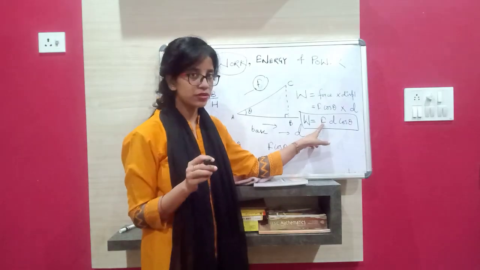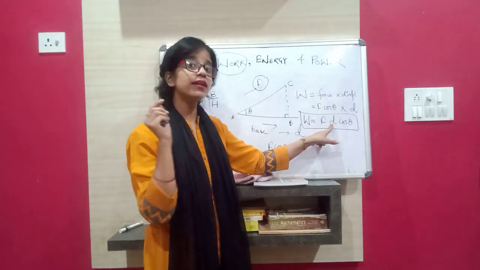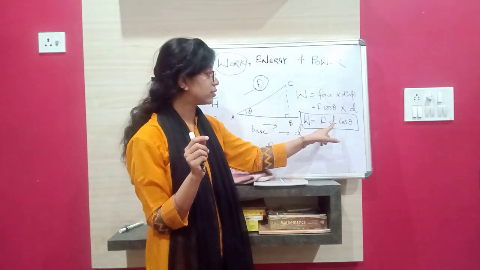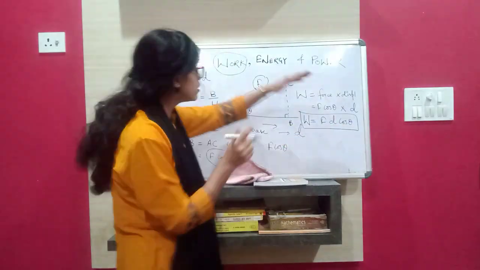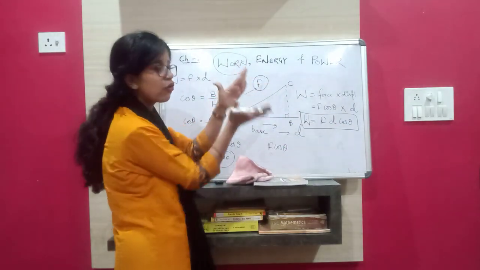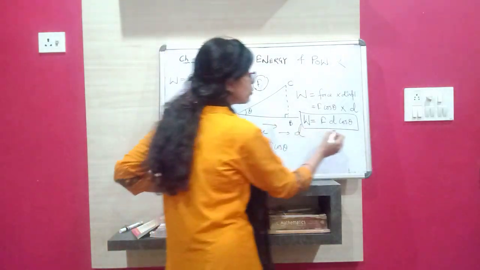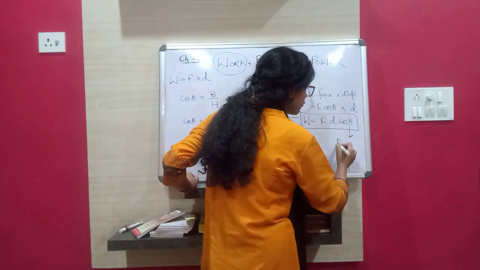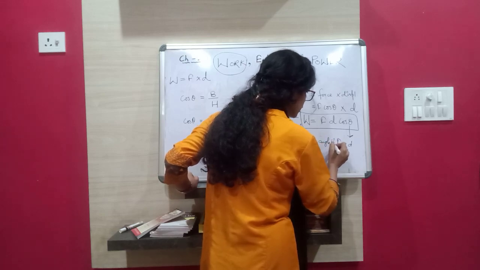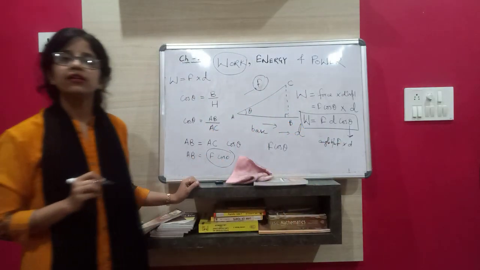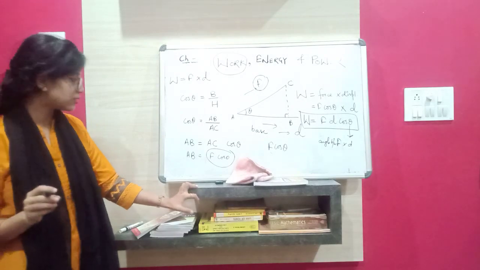F is the force, D is the displacement in the direction of force, and theta is the angle between force and displacement. Keep this in your mind, beta. I hope it is clear.